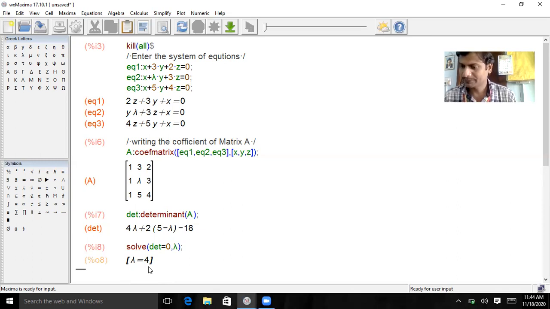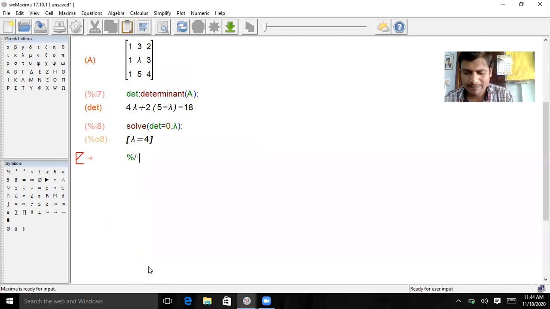Okay. Final answer. Next, go to a next line, that is slash, then star. You remove that percentage. Okay. Slash star, for this value of lambda, you take your lambda symbol.